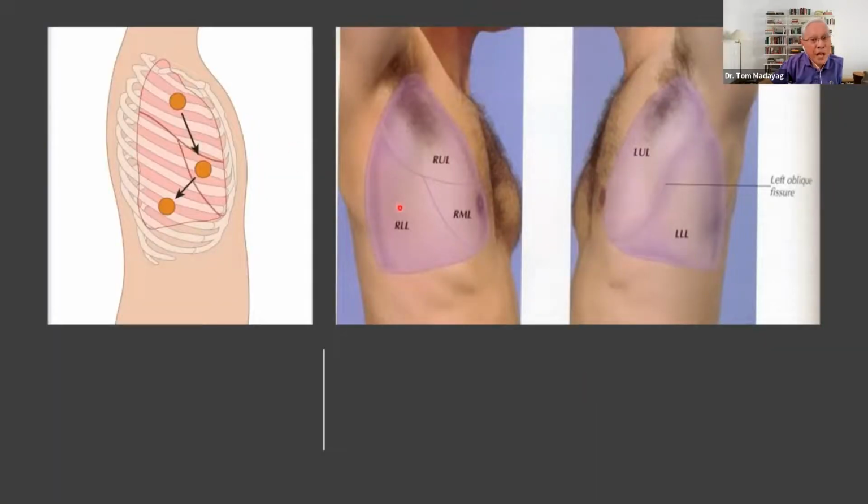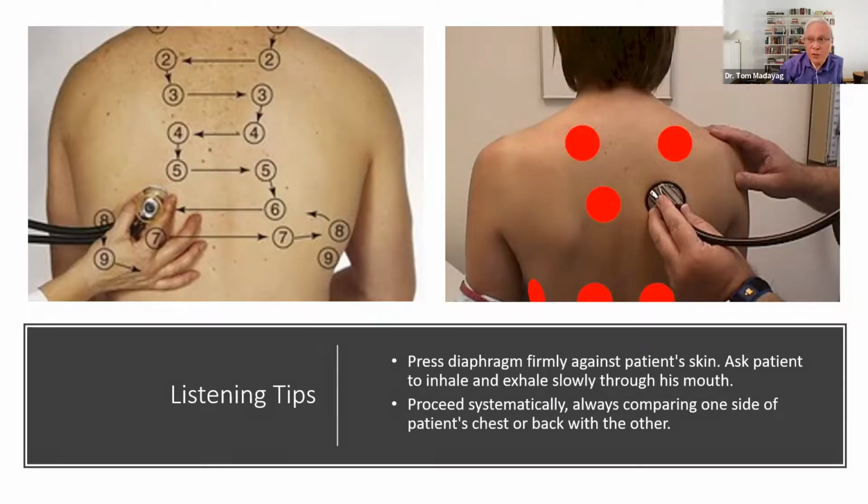Then let's not forget that when we examine the patient, we always have to ask them to raise their arm. If you did not raise their arm, then you would not be able to assess the lateral portions of the lungs, which are as important as the anterior as well as the posterior aspects of the lungs.